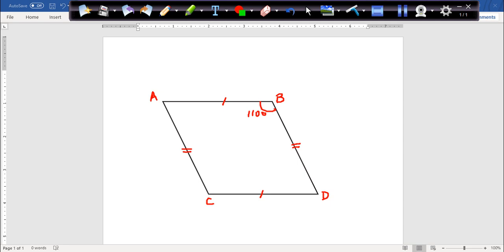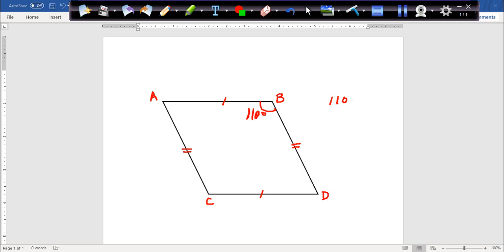Okay, so when you're looking at this, remember that this is not 1100. This is 110, okay? Make it a little bigger so you can see it is 110. That other circle is the degrees symbol, right? So if angle B is 110, let's write this over here, 110.